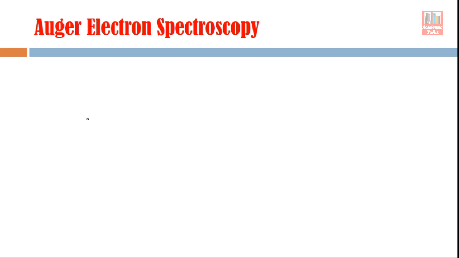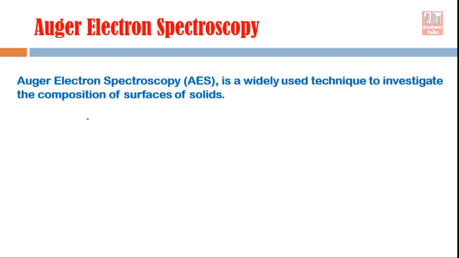Now let's discuss in more detail what this Auger electron spectroscopy is and what its working principle is. This Auger electron spectroscopy is a widely used technique to investigate the composition of the surface of solids.